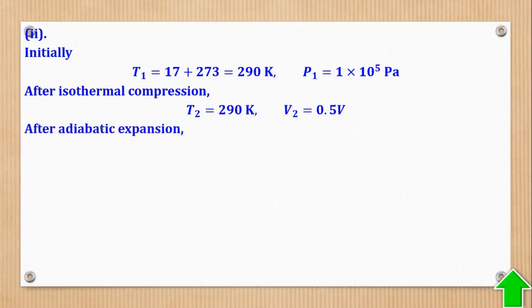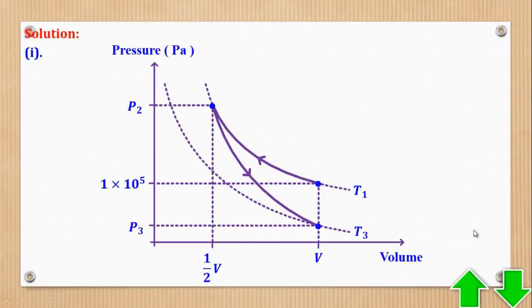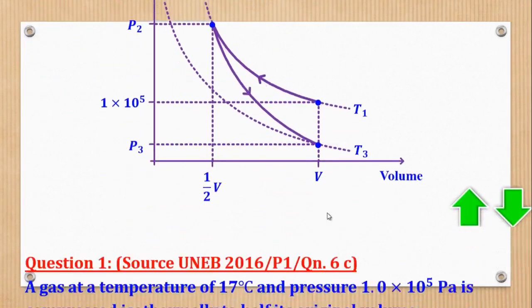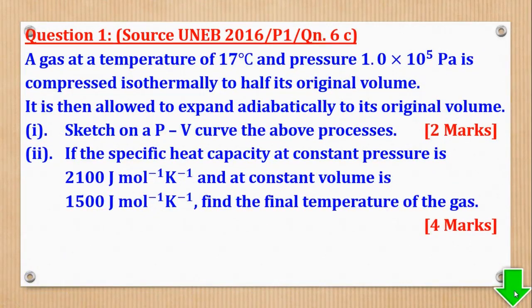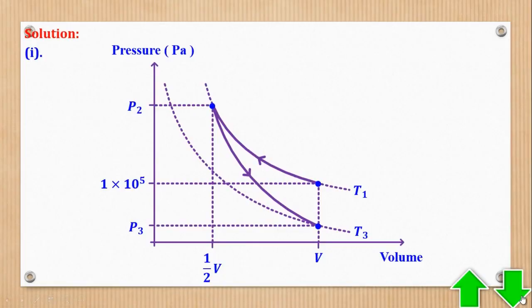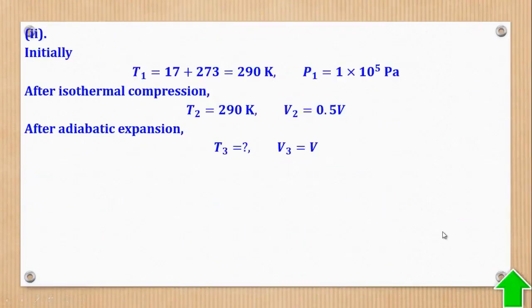Then after adiabatic expansion, T3 we don't know, but V is the original volume, which is now V. Remember the question wants the final temperature. So we shall use the formula which has volume and temperature for the adiabatic process.